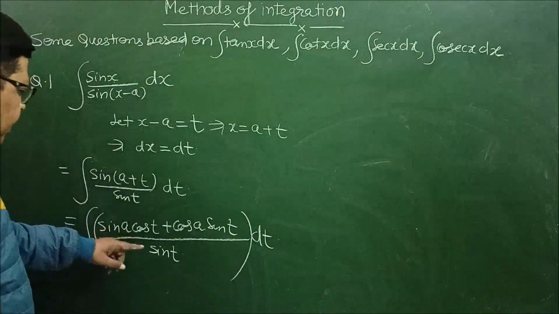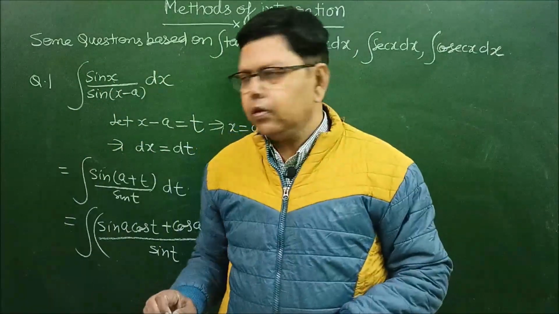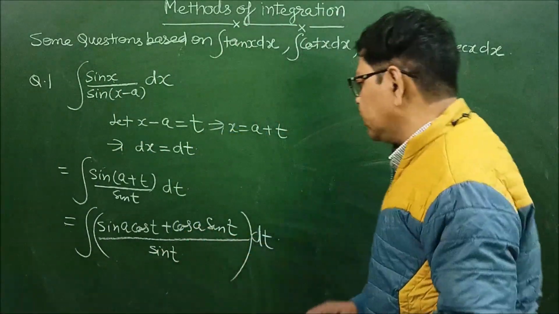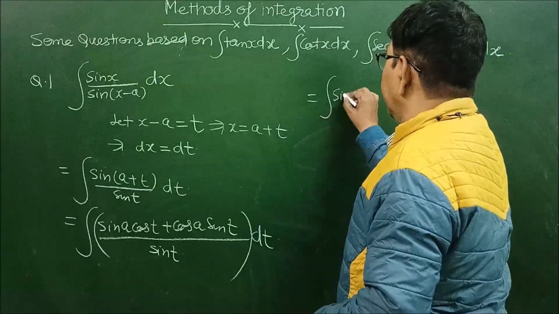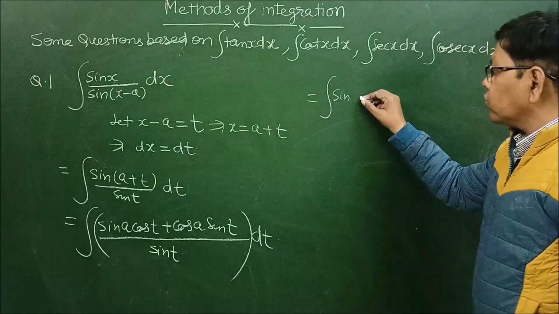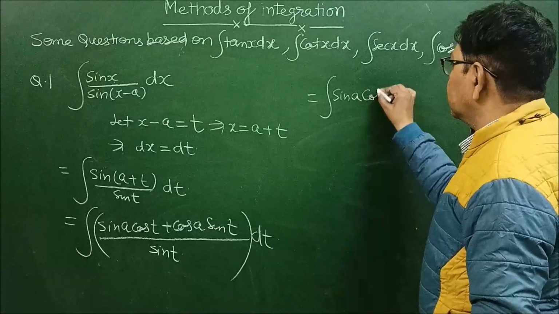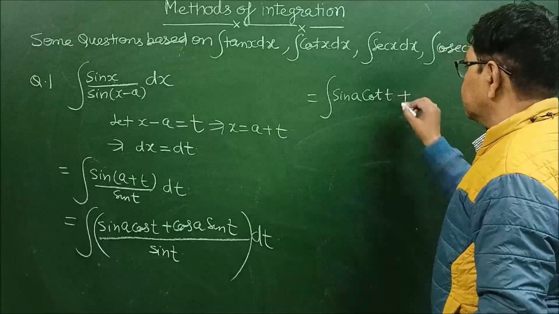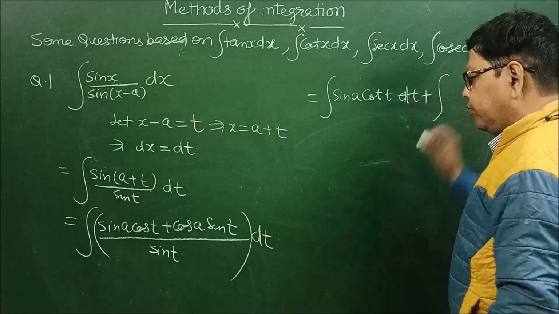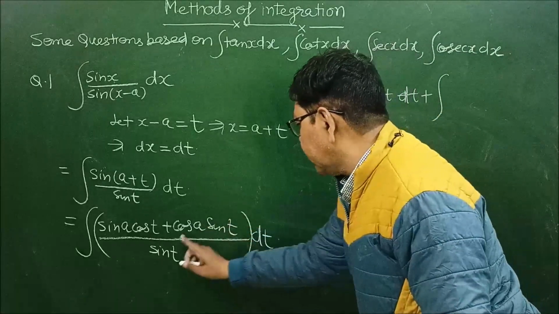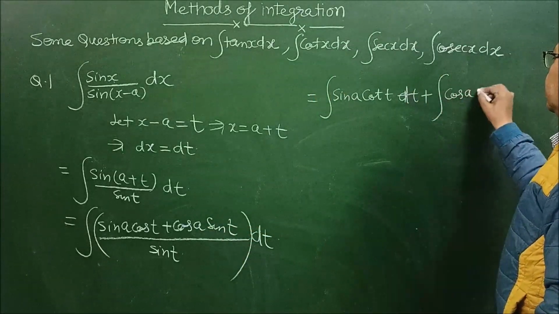Now dividing separately by sin t, if we divide this numerator by sin t, then we get integration of sin a, and cos t divided by sin t is cot t, dt, plus integration of, here if we divide, sin t gets cancelled, cos a dt.